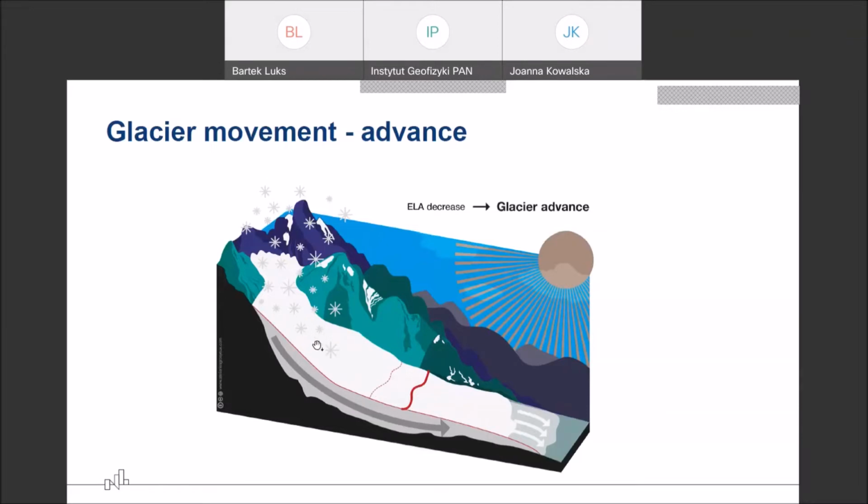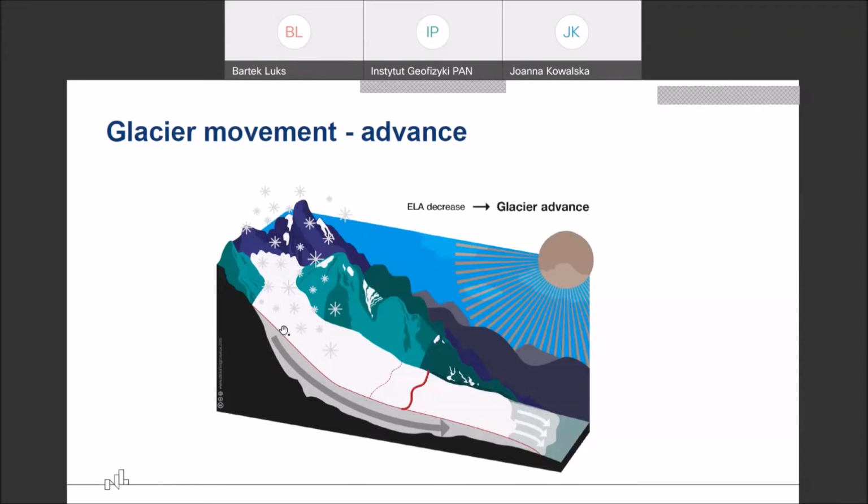And all this water can go on a glacier surface, but it can also penetrate the glacier, go down to the bottom, to the contact with the bedrock, and then form a very, very thin layer of water, which will push up the glacier, and then the friction goes down. There's less friction, and the glacier will move forward much faster. So thanks to that, we can have a glacier advance.